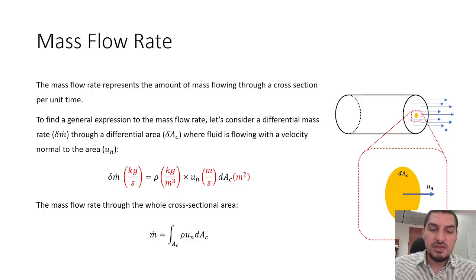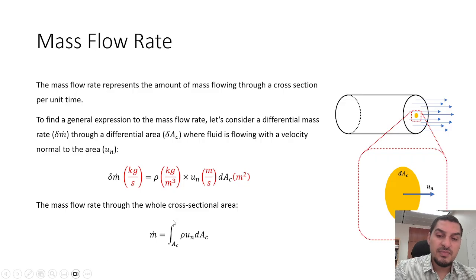Of course, it's a good expression to use, but the mathematical form that we have here is not an easy form to use, meaning that it's a differential equation that needs to be integrated, and this integration will lead to an algebraic equation that can be used directly.